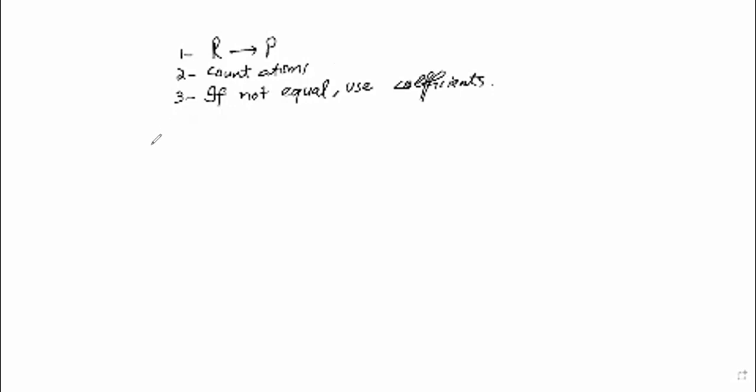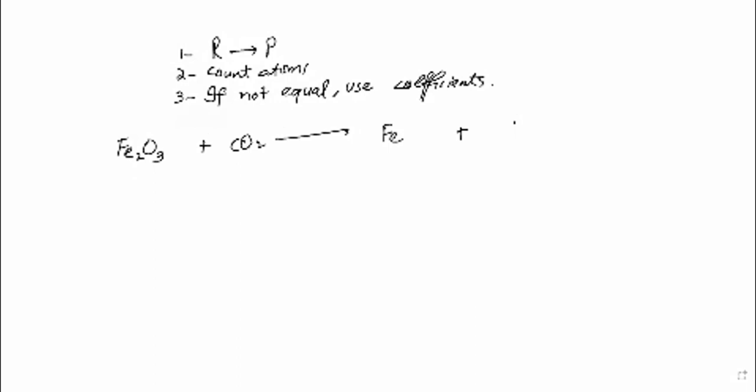Suppose I'm writing here one equation, the same equation which we wrote. Fe2O3 reacts with carbon monoxide to form, carbon monoxide, not carbon dioxide. We get iron and then we get carbon dioxide.